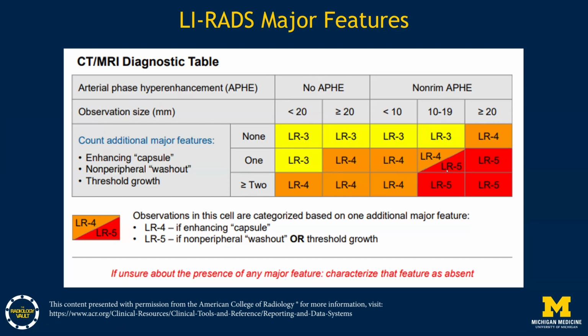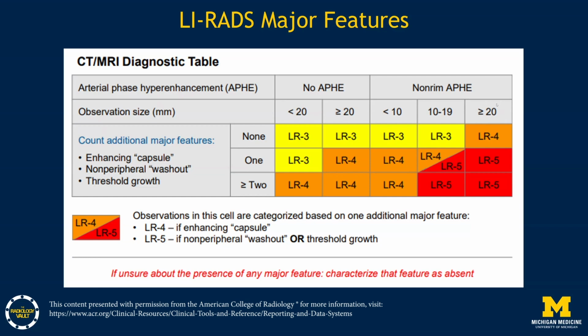Now, I would like to draw specific attention to this part of the box, where an observation that has arterial phase hyperenhancement with either washout or threshold growth will be categorized as LR5 if it's between 10 to 19 millimeters. However, if it has arterial phase hyperenhancement of this size with capsule, it will still remain an LR4.